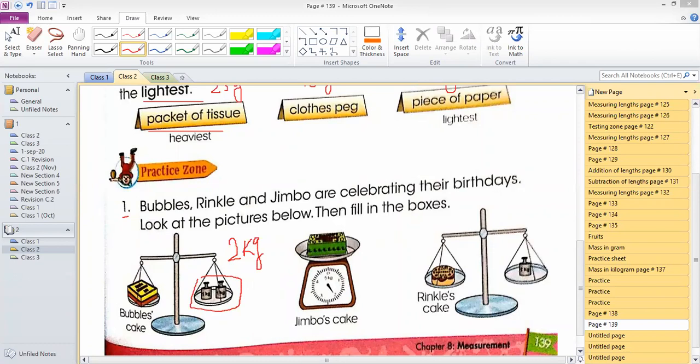Very good, Muhammad Farooq. Yes, guys. You can say that Jimbo's cake is also 2 kilogram. How do you know? Because the needle is exactly at 2. So this is also 2 kilogram.